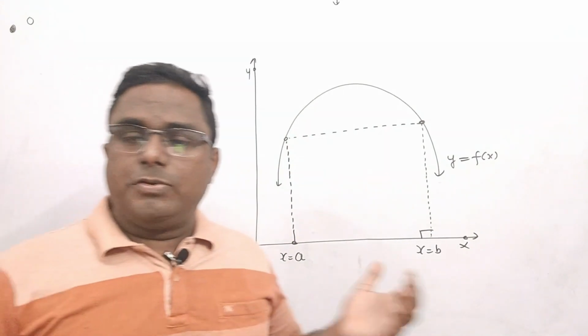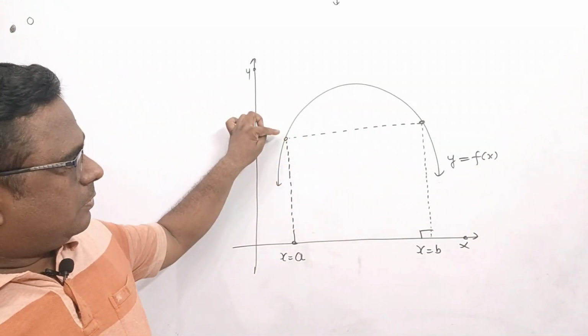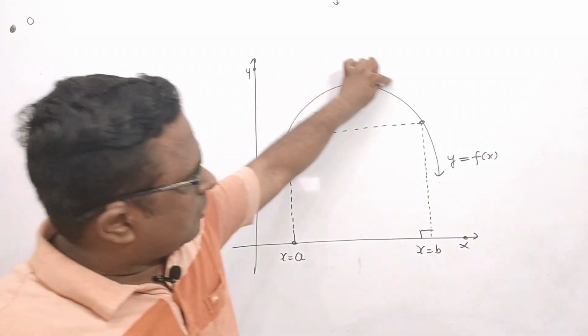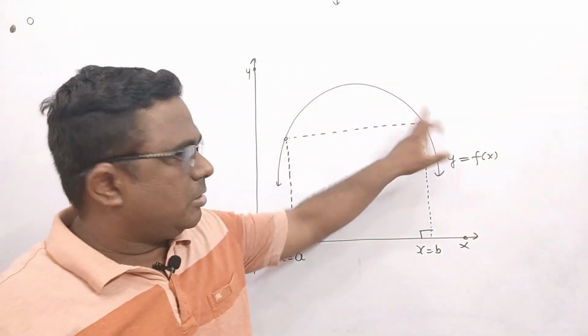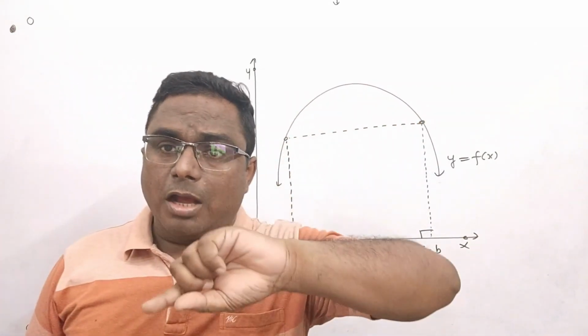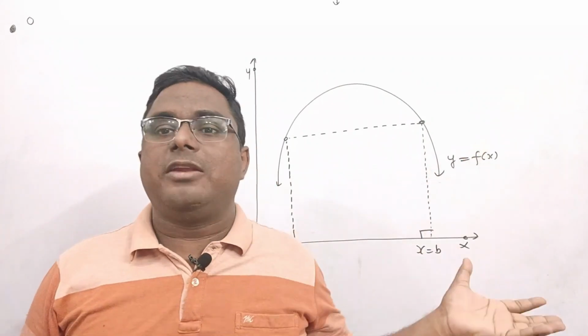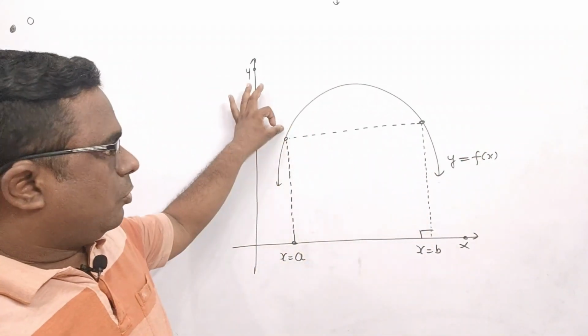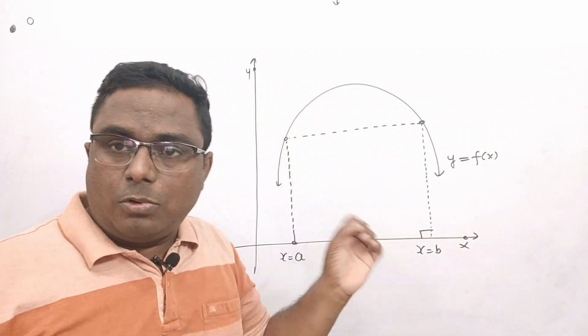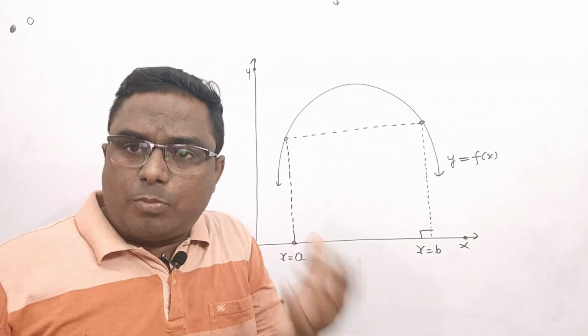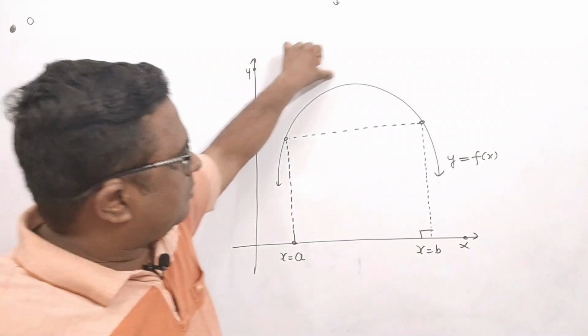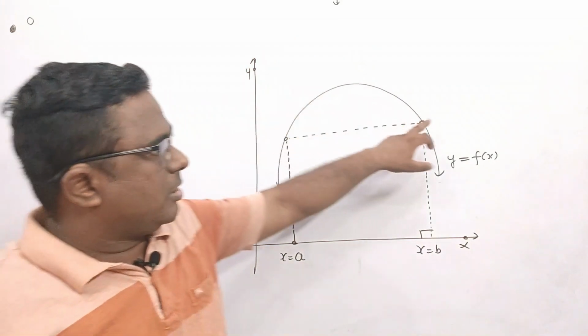Now students, if you see what is happening with the graph of the function between this point and this point, you will find that the graph of the function is not broken anywhere. There is no hole, no gap, or no broken part in the graph between this point and this point.